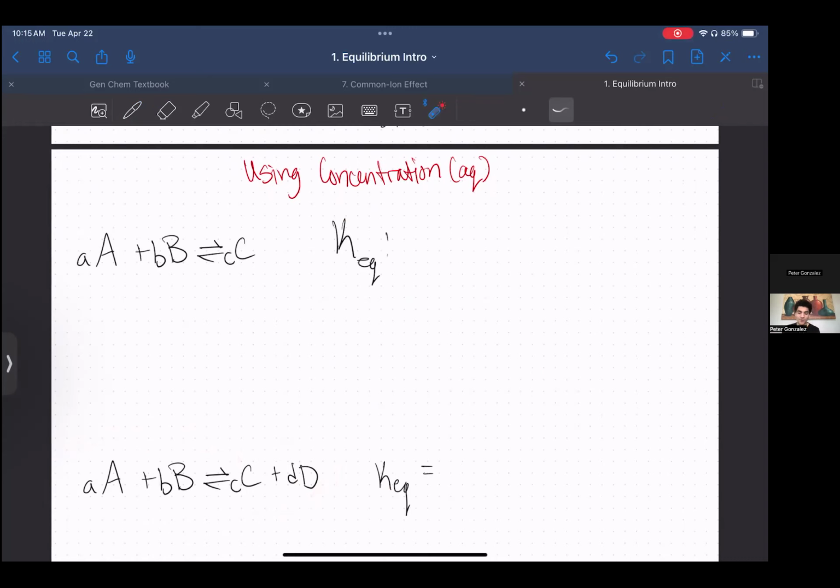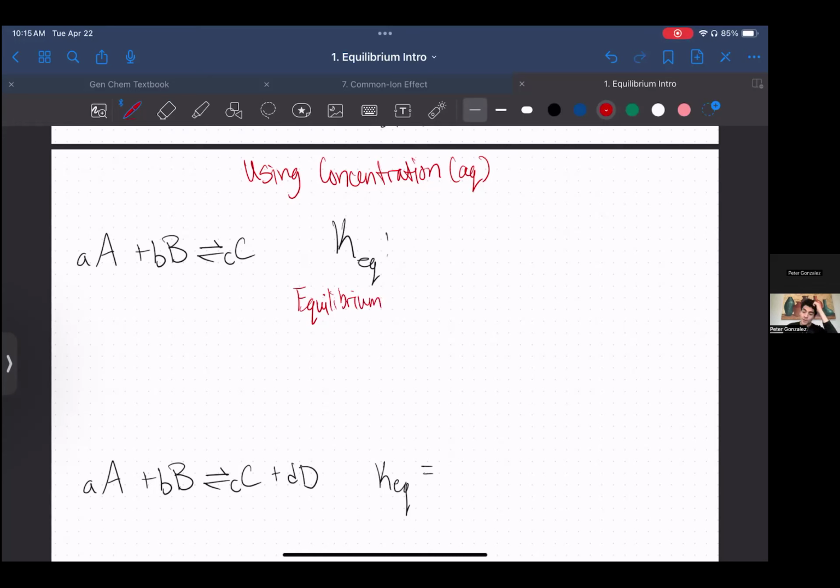You'll see that equilibrium constants and how you use concentrations depend on what the problem gives you. So this K constant here is called the equilibrium constant. And this is basically what you'll be given for any reaction whenever you need to solve this.